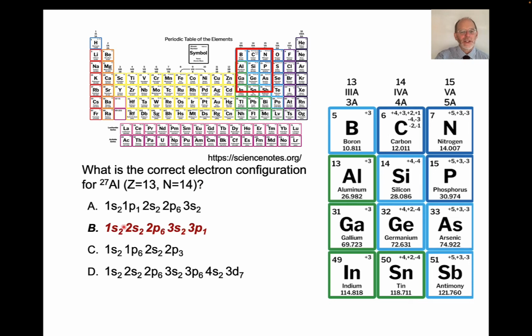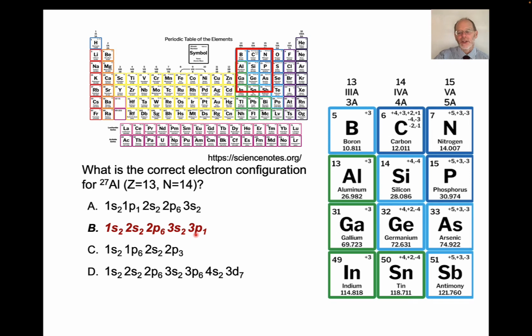So first of all, you want to add up the number of electrons here. It should be 13. So 2 plus 2 is 4, plus 6 is 10, plus 2 is 12, and 1 is 13. And these are filled in the correct order. It goes 1s2, fills that, fills the 2s2 and the 2p6, the second shell, completely, fills the s subshell of the third shell, and then starts filling the p orbital.